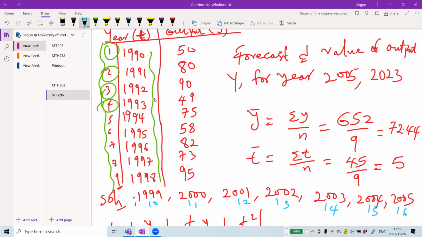Don't put the way you count your age. Yes, I was born in year 2000, I'm now 22 years old. But if you were born in 1990 and they now ask, how old are you in 1998? On a normal day when you are counting age, how old is the person?